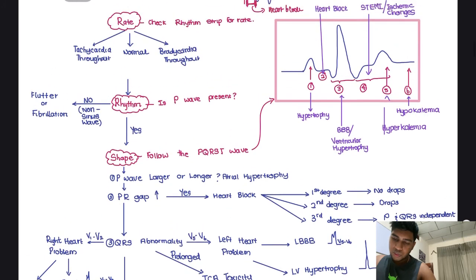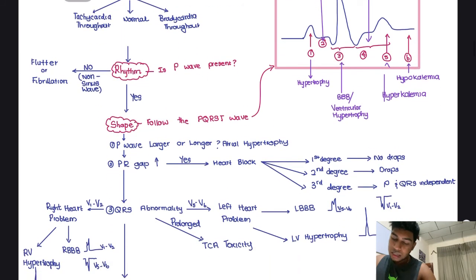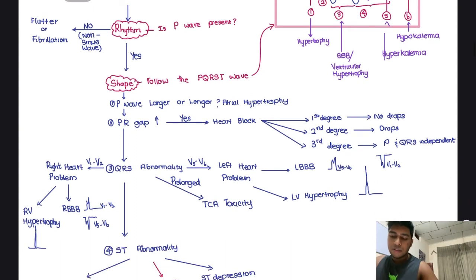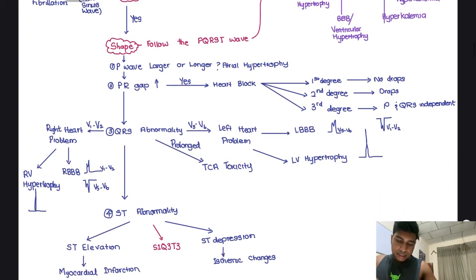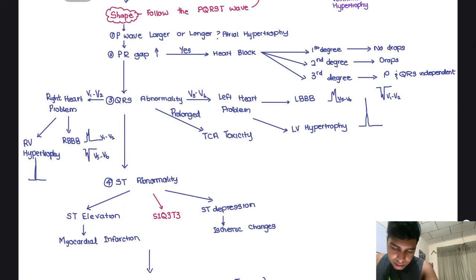So once you decide it's a bundle branch block, once you decide it's a heart block, just follow the rhythm strip, find what degree of block it is. Next, QRS abnormality. If it is a problem in V1, V2, it's a right heart problem, hypertrophy, or a bundle branch block. If it is abnormal in V5, V6, it's a left heart block or left ventricular hypertrophy.